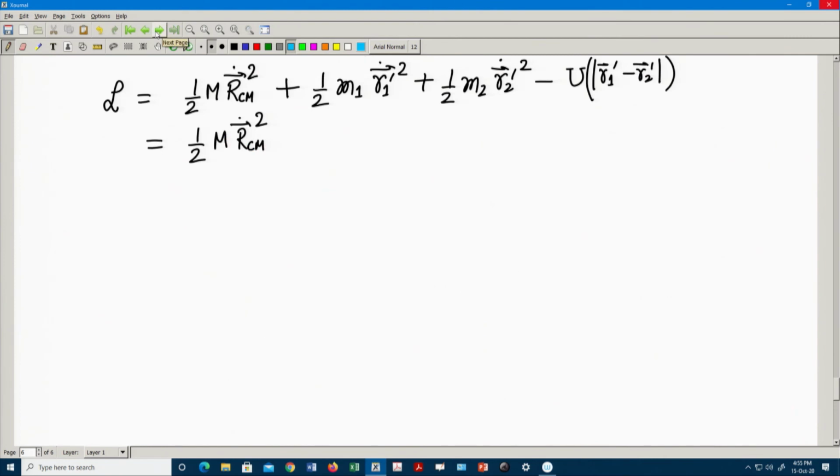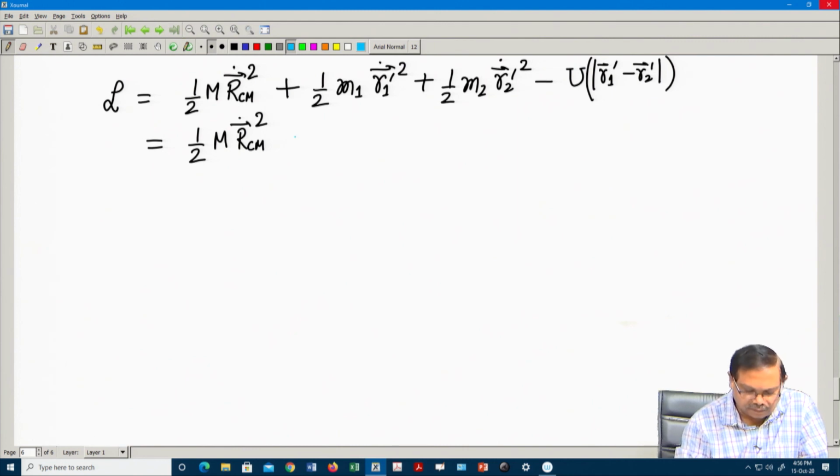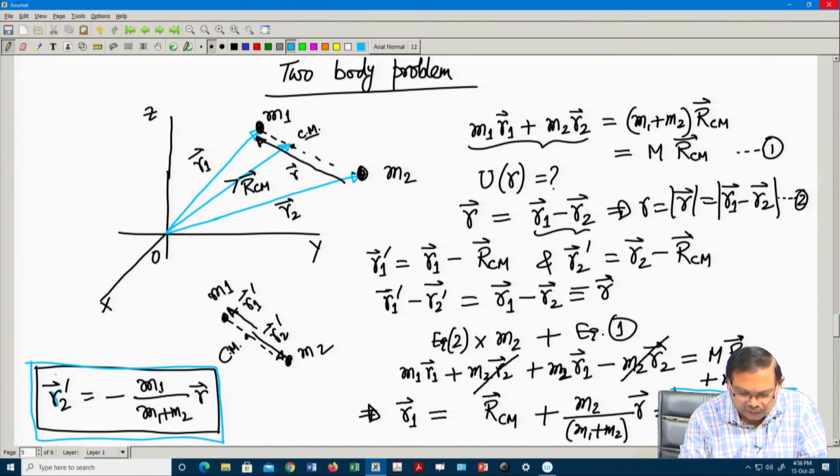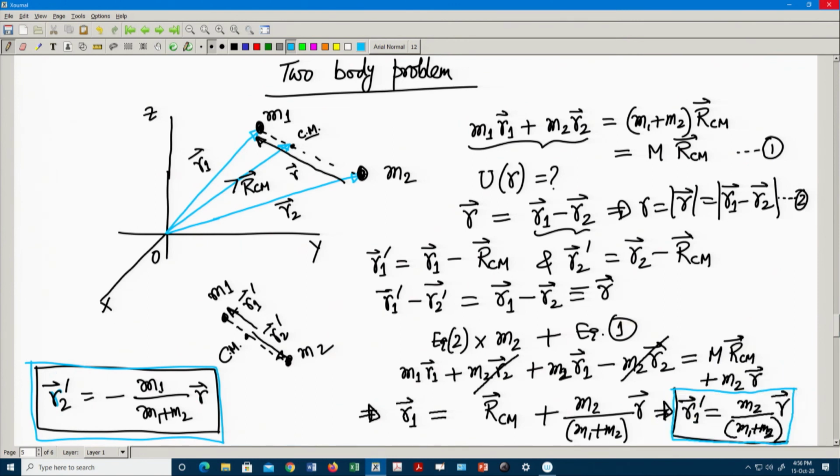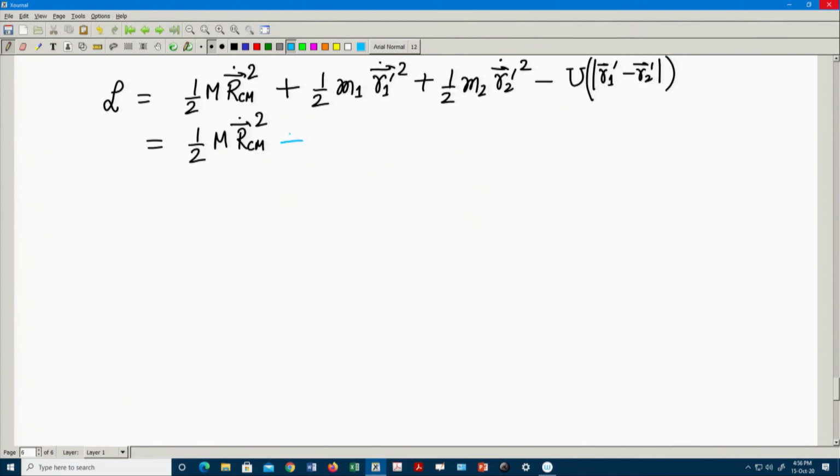Okay. Once that is done, then I can use those expressions. So, I can take R 2 prime dot from here and R 1 prime dot from here. So, if we substitute that in this equation, I am going to get mu times r dot square minus u of r.